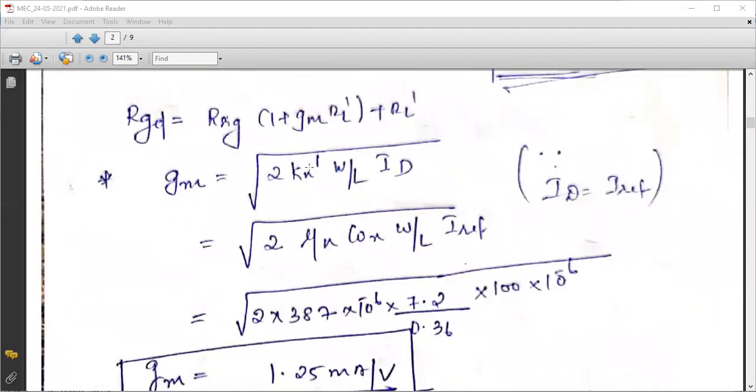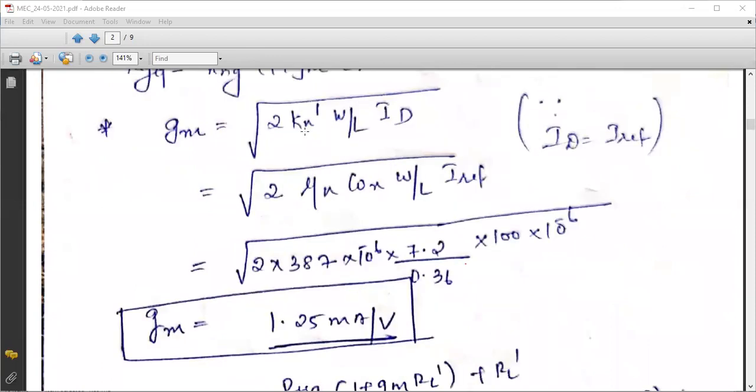So 2 into, in place of Kn dash, you can put 387 into 10 to the power minus 6. W by L is 7.2 by 0.36, given in the question. ID is 100 microampere, so 100 into 10 to the power minus 6.